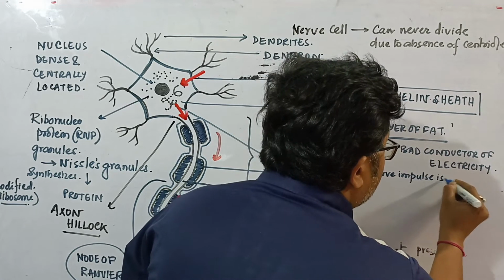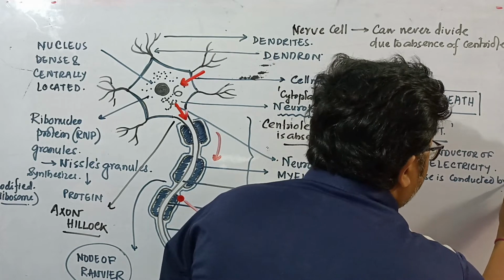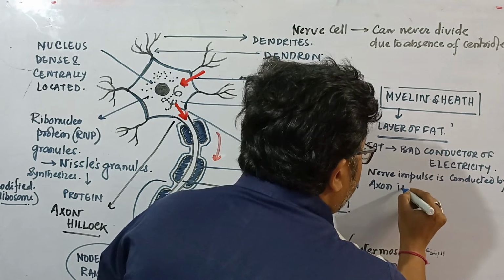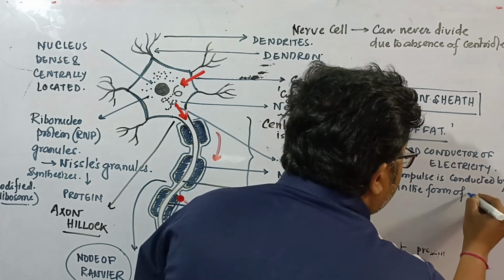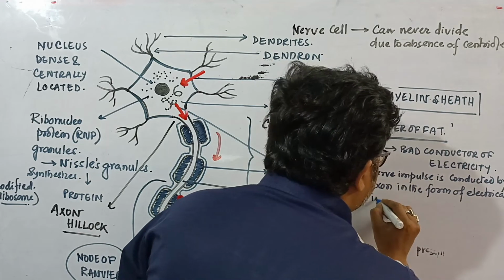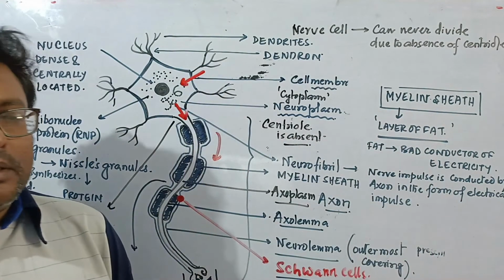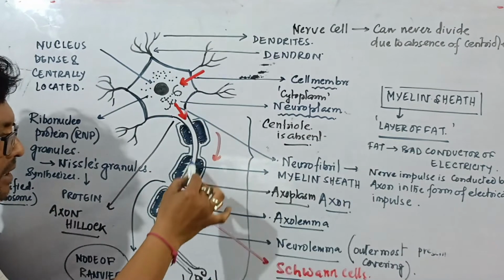So nerve impulse is conducted by the axon in the form of electrical impulse. Is it okay? Is that understood?